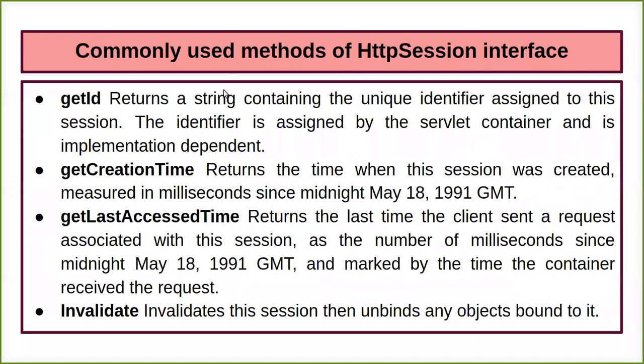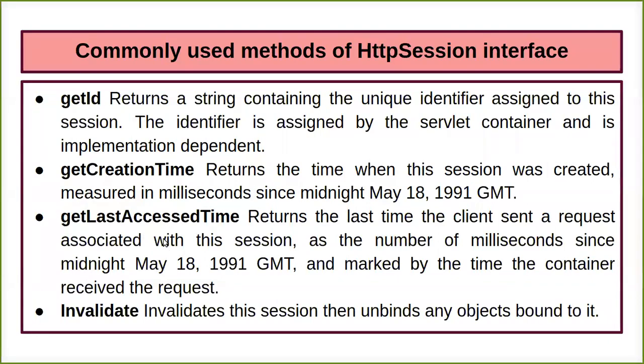The other methods associated with this: getId, if you want to identify the session ID of any particular request or current session, you can get it with the help of this. You can get the creation time, that is, when the session was created or started, with the help of this method. getLastAccessedTime gives you the time when the client last used your application.